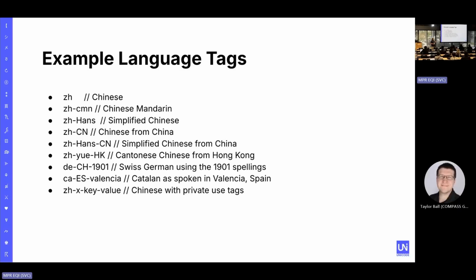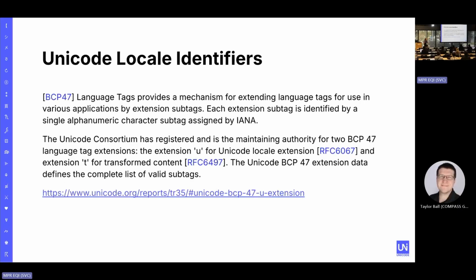And then finally, any tag can have a private use area, which is designated by this singleton character here, the X. And then there are key and value relationships that you can use to add your own customization to a language tag.